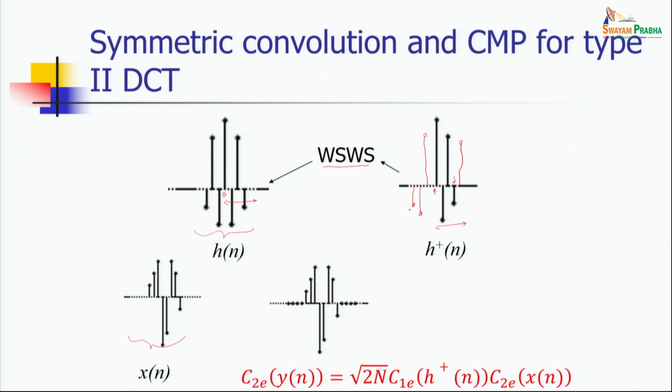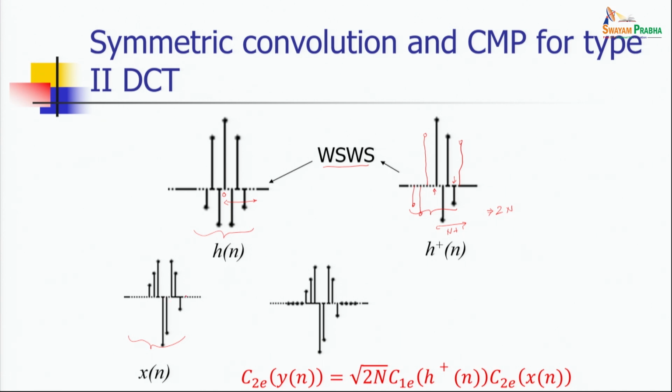In this case, you can show that it actually becomes a periodic sequence whose period is twice the period of symmetry. Given the filter length of N plus 1, its period will be 2N. That we have also discussed earlier.